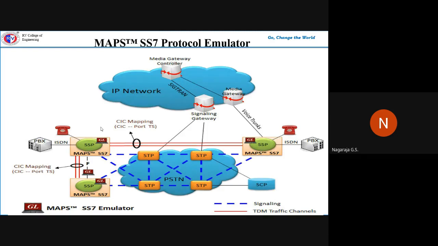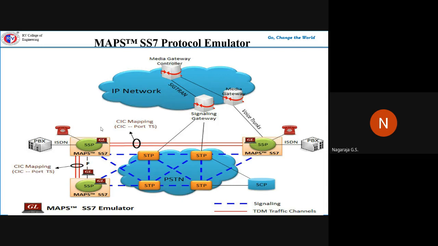I was talking about it earlier also, that is the MAPS TM SS7 protocol emulator. I think you can observe this particular thing. Since you already understood SS7 components and communications from end to end, you can understand that.